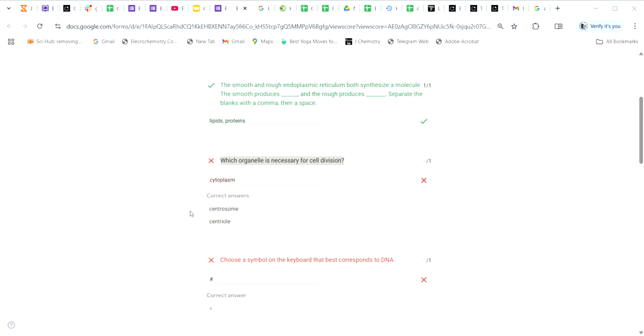Why are centrioles important? Because of spindle formation. Centrioles duplicate before cell division and migrate to opposite poles of the cell, forming the spindle apparatus.